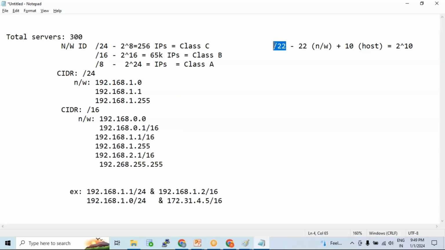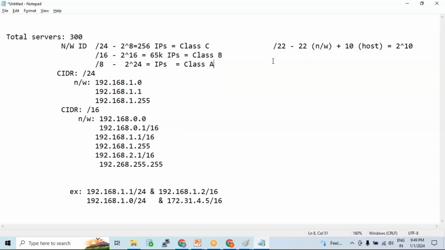So slash 24 is not a class, guys. Only slash 8, slash 16, slash 24 are the standard IP classes that the organization has announced. Anything that you take on any other CIDR block is classless. There is no class for this, but still it is possible to configure slash 22 to your systems.